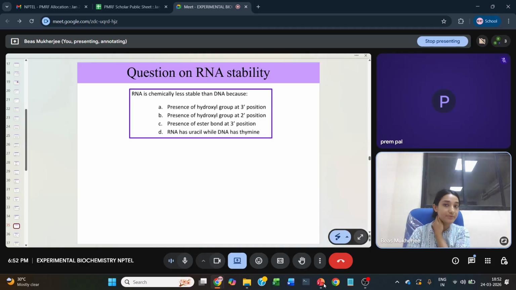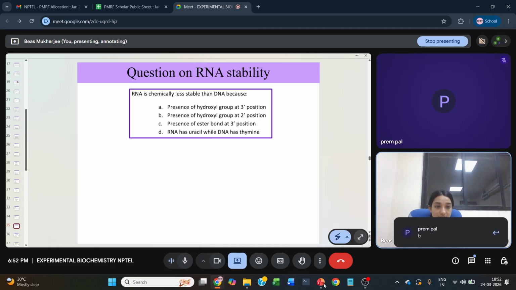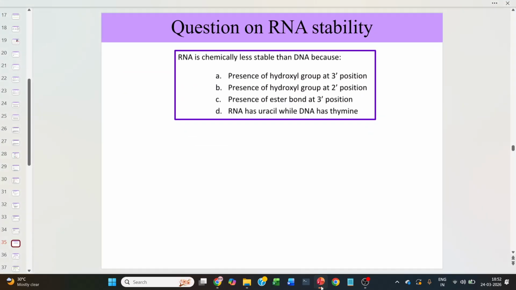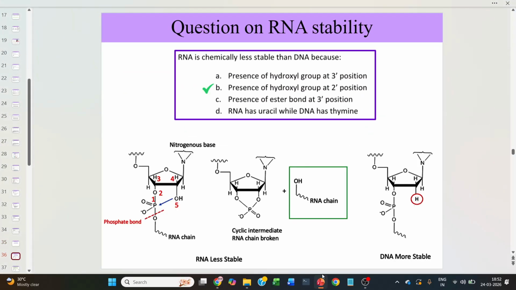Question on RNA stability. RNA is chemically less stable than DNA. Why? Because of a hydroxyl group at the 3' position, presence of a hydroxyl group at the 2' position, presence of an ester bond at the 3' position, or RNA has uracil while DNA has thymine. Presence of a hydroxyl group at the 2' position. Yes, that is correct.